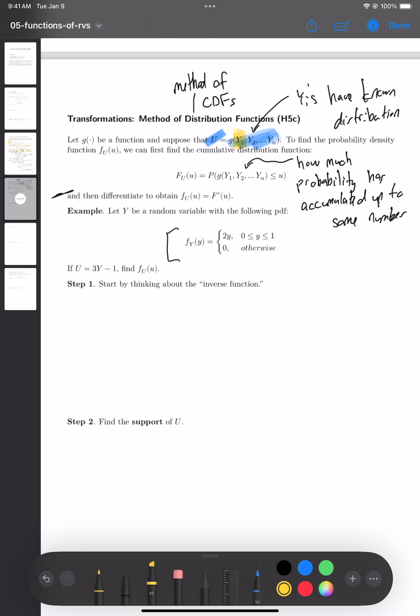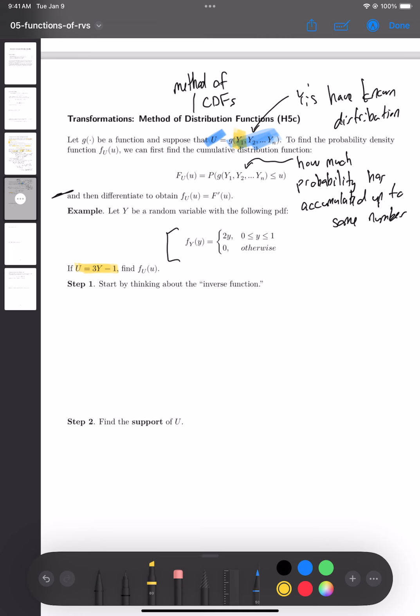We're interested in finding the distribution of u, which is equal to 3y minus 1. Keep in mind that if the question was just to find the expectation of u or the variance of u, that would be quite straightforward, given our properties for expectation and our properties for variance. But it's not. We want to find the full density function of u.